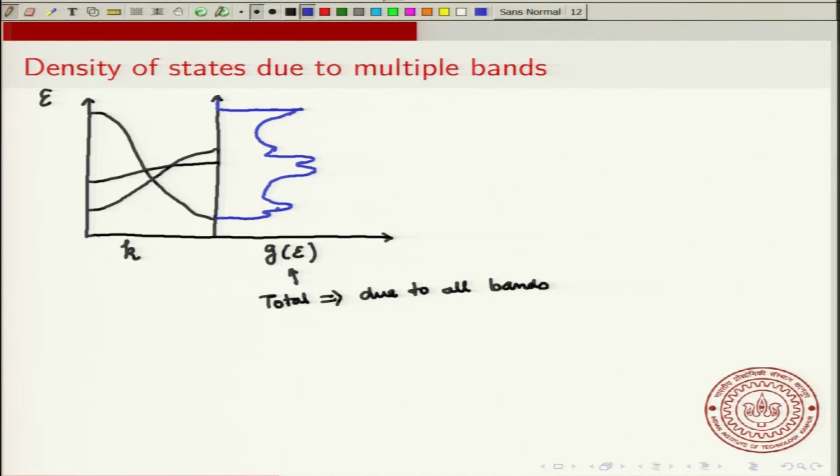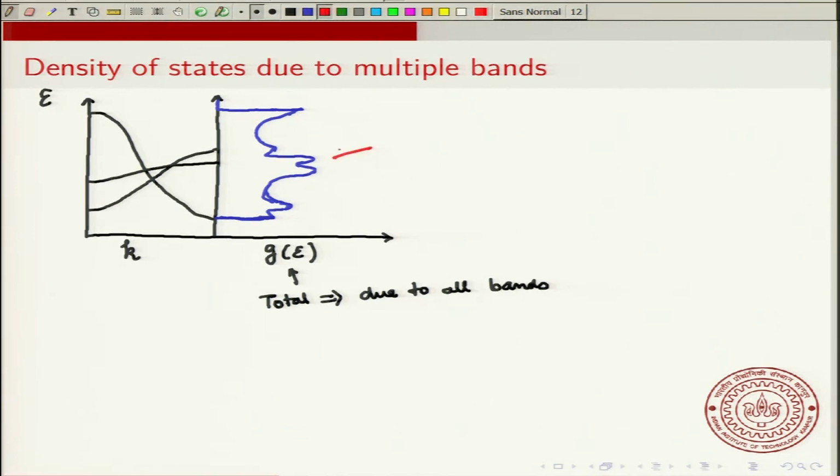So you can get a much richer behavior in the density of states when you have multiple bands involved and not just one band. The density of states in this case is due to contribution from each of the bands, and when all the bands contribute, that is where you would expect the highest density of states. So, in flat regions and in regions where many bands contribute.